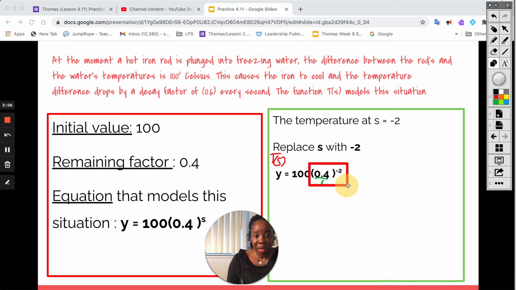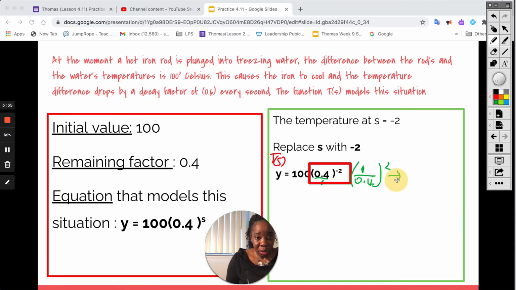What does that mean for us? It means that we are going to be flipping that 0.4 over 1, so that will become 1 over 0.4. So that means 1 divided by 0.4, and that's raised to the positive 2. So if we think about that, 1 divided by 0.4 is equal to 2.5.